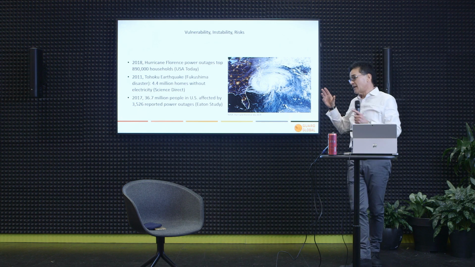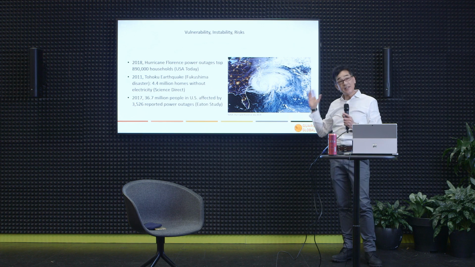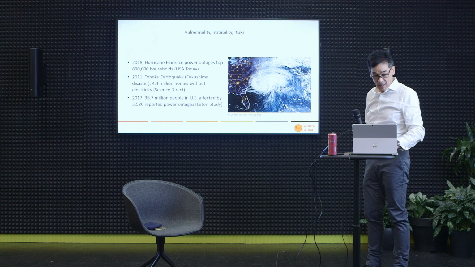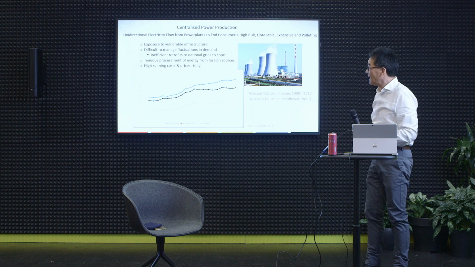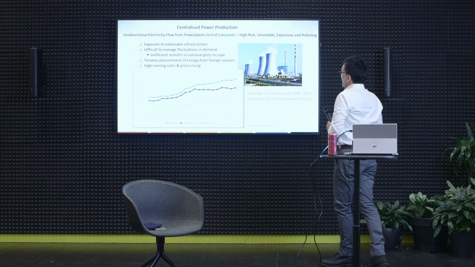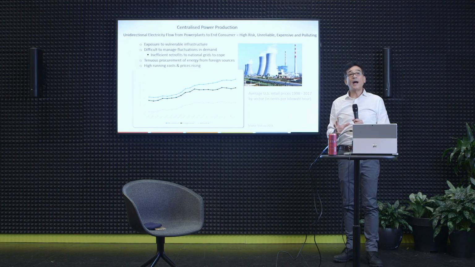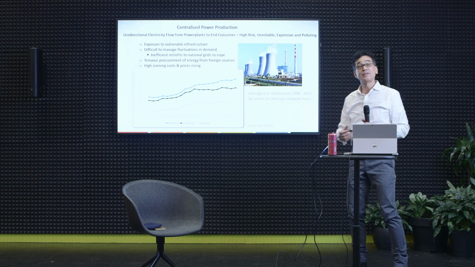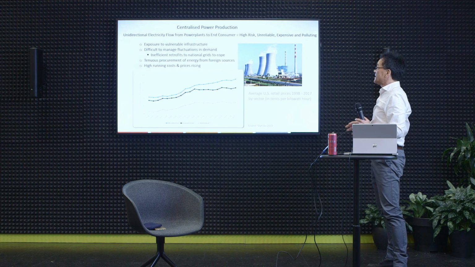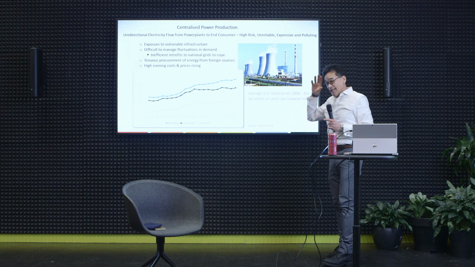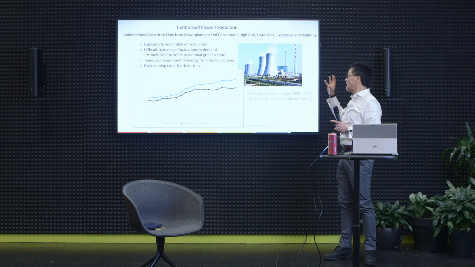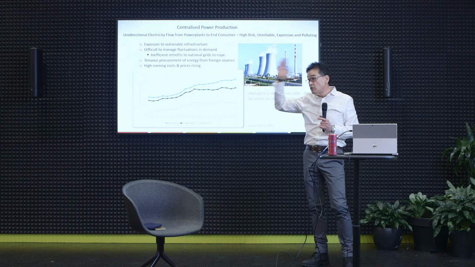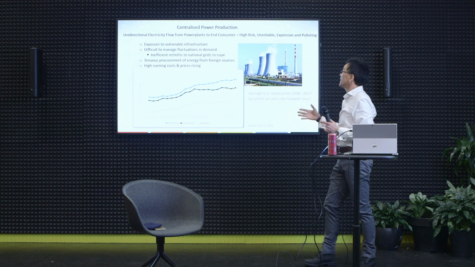A lot of this vulnerability of the infrastructure can be avoided. The reason we are so vulnerable in the way we use electricity and supply it is that in every country we have big honking power stations that pump electricity in a unidirectional way to the end consumer.